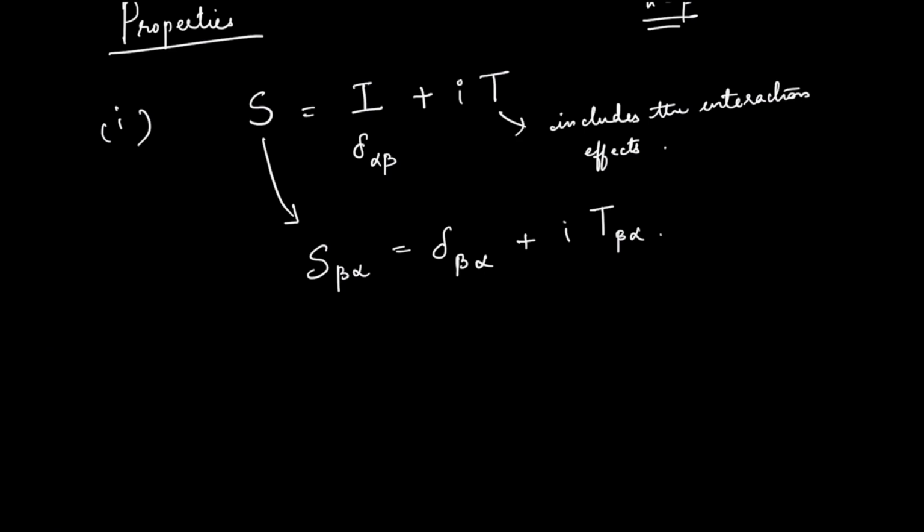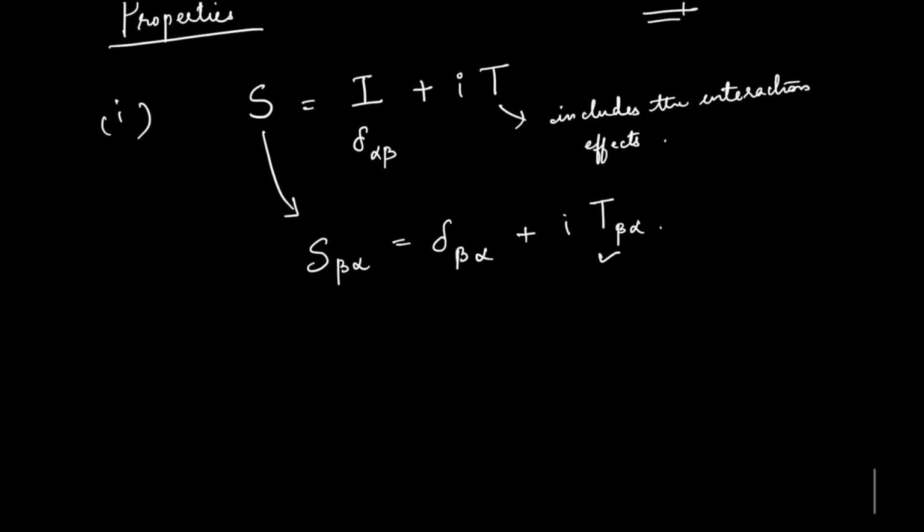Due to momentum conservation, the sum of initial momentum must be equal to the sum of final momentum, and therefore the interaction term must contain a delta function connecting the total initial momentum and the total final momentum. We know i is a complex number, the root of minus 1.